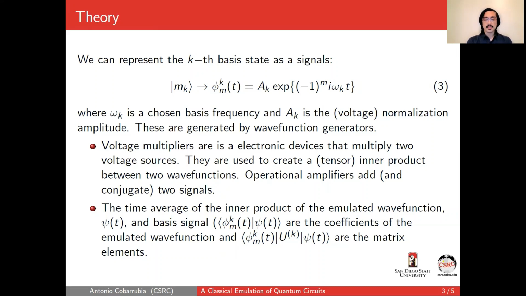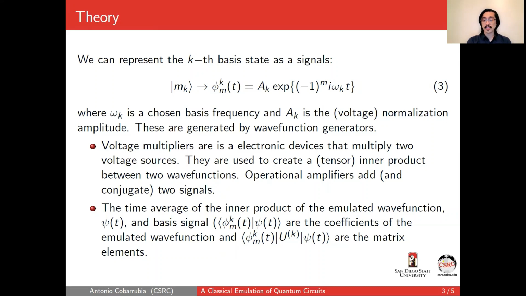Since the basis states are represented by complex exponentials, the real and imaginary parts are governed by cosine and sine waves, and these can be represented as wave function generators in analog circuits.